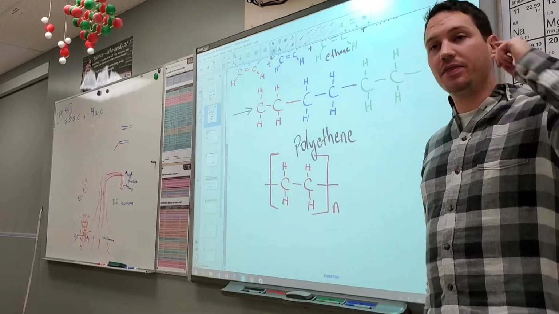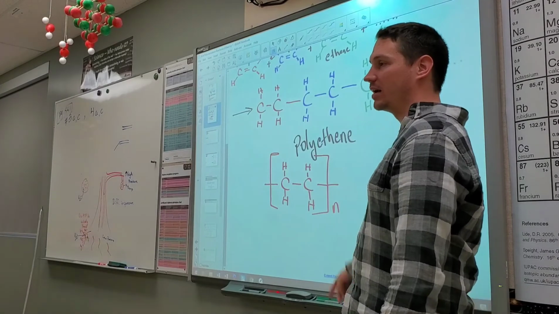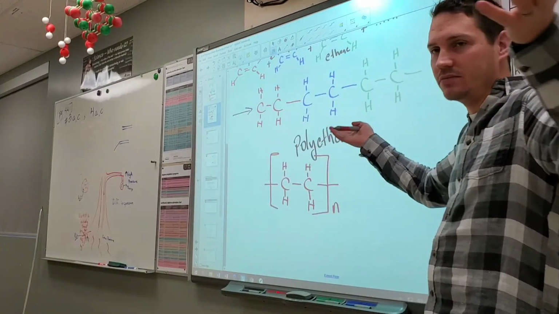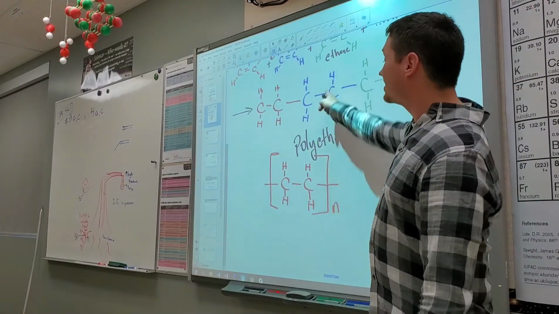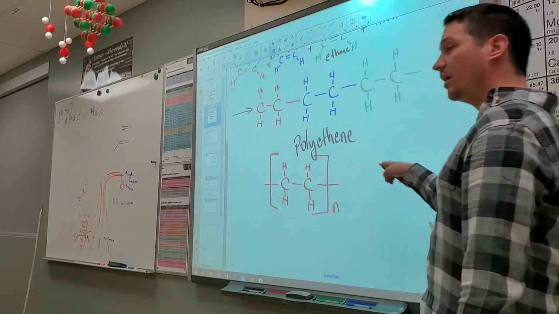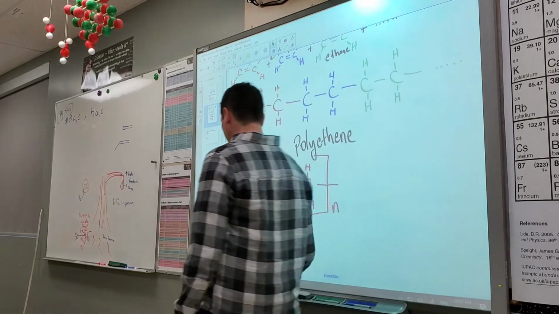For those of you in math 30, hopefully you would recognize that n is just saying it's any number of times, and we don't know how many times yet, but it's fine. So is that okay? This is representing the exact same thing as that. It's just saying these two carbons repeat over and over again.